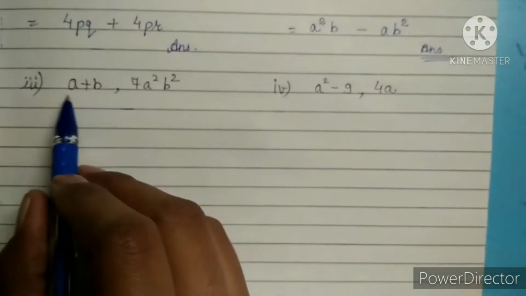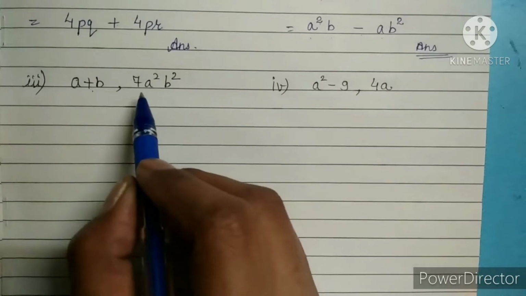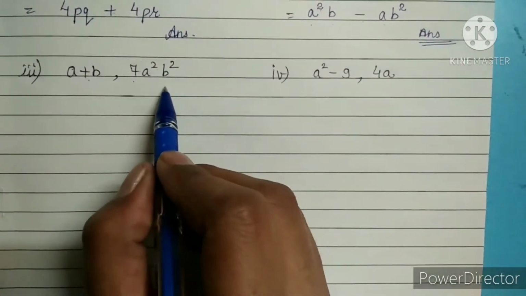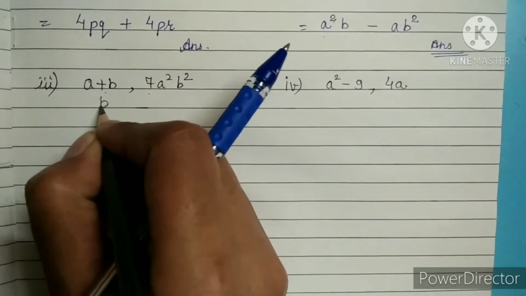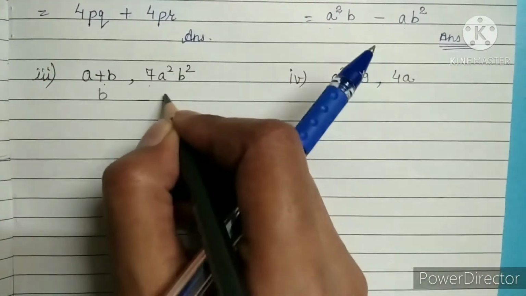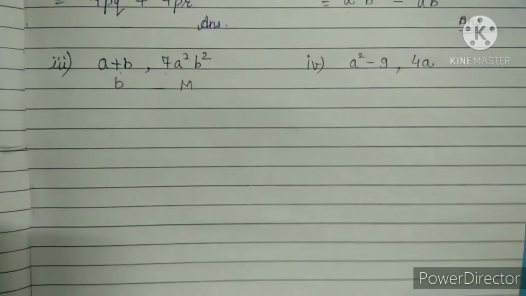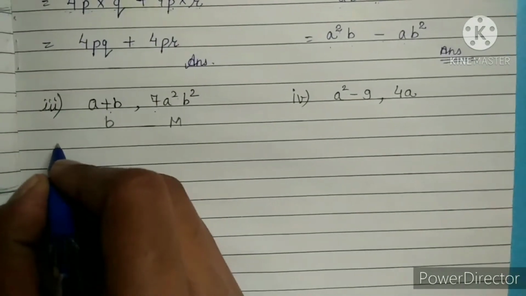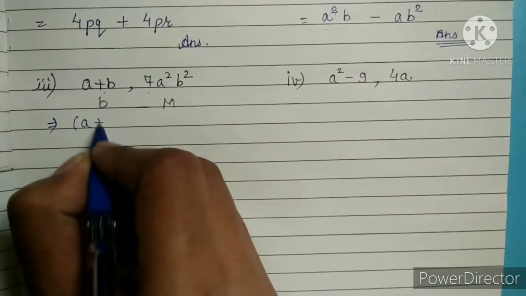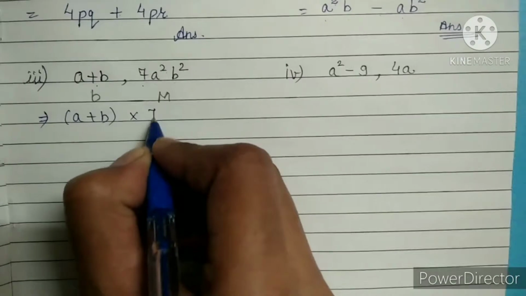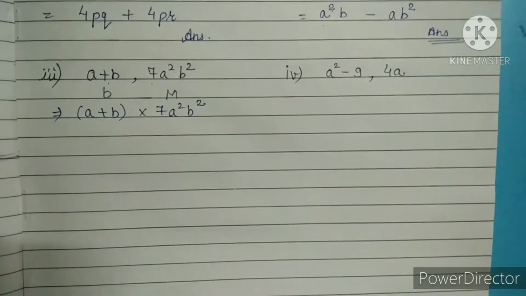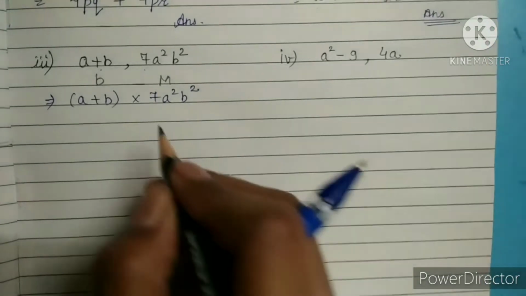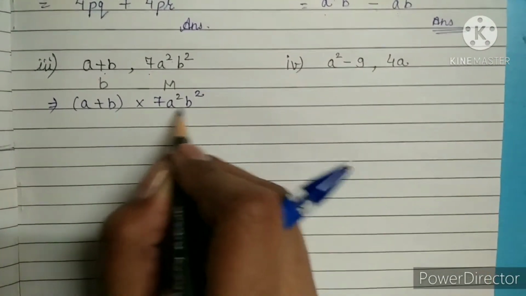Now third one, a plus b will multiply by 7a square b square. So a plus b is binomial, 7a square b square is monomial expression. We have to multiply a plus b into 7a square b square. Now our monomial term is at the end.